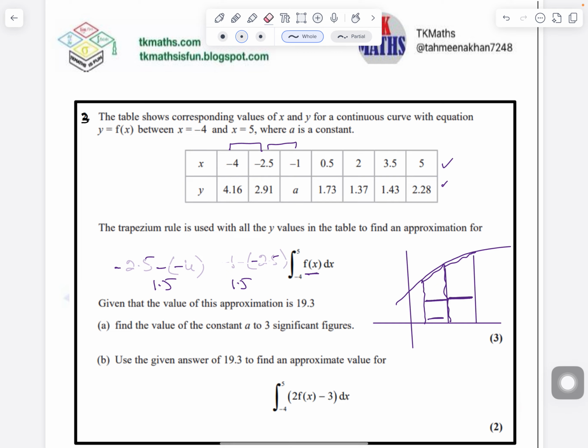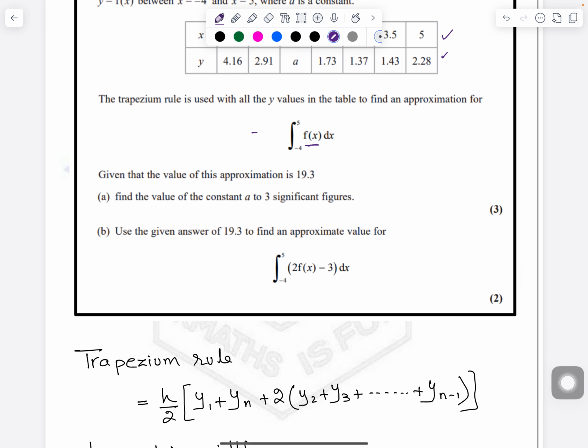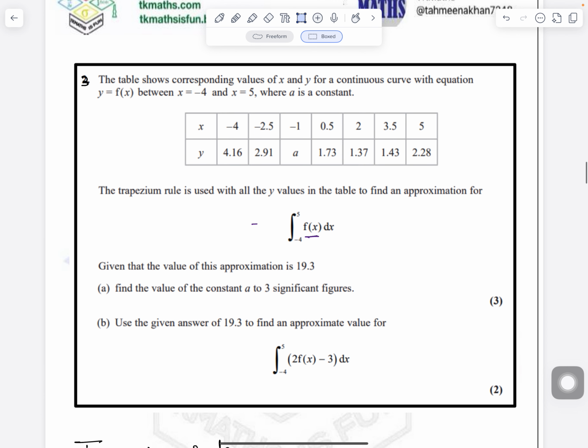This is something we know about the trapezium rule because we have to substitute the values in the formula now. So I'm taking it to the formula. I've written here already. So here is this formula. Let me copy down this table because I need this while I'm substituting the values, so that I don't need to move the screen up and down again and again.